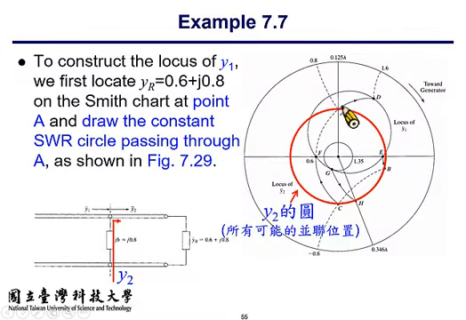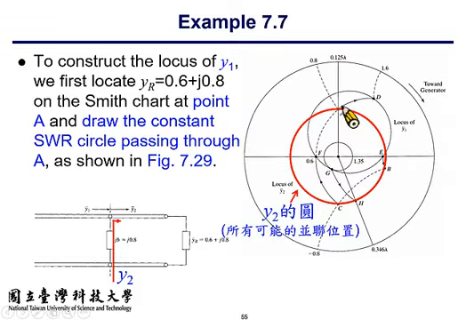Alright, so the red circle on the slide shows the constant SWR circle by moving the Y_R position to different locations on the transmission line. So the red circle is the locus of moving the observation point on the transmission line for half a wavelength. So it forms a complete circle.